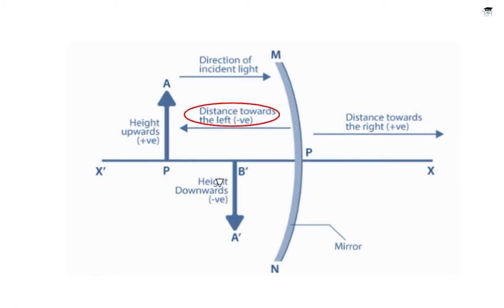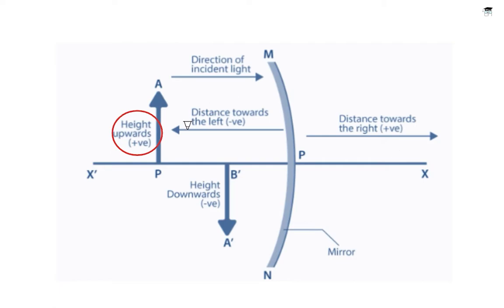And the fourth one says all distances measured to the left of the pole are taken as negative. So these distances, like the distance from the pole to this point P, will be taken as negative. All the distances to the left of the mirror are taken as negative. All the distances to the right of the mirror will be taken as positive.